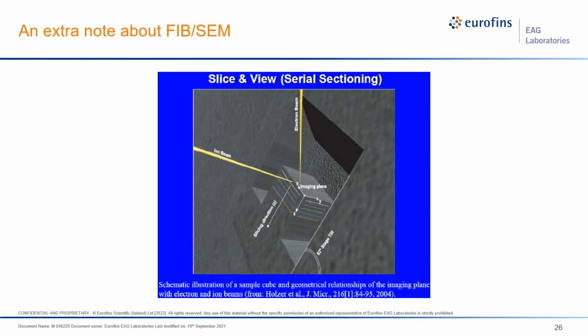If you do slice and view, slice and view, slice and view, or lift out a block or mill away a block, then you can reconstruct a FIB-SEM tomogram to do a three-dimensional image. So this is actually a very nice technique that can bridge nanometer and micrometer type of problems, right? So you can sample micrometer cubic material.